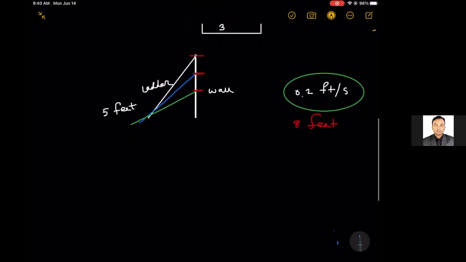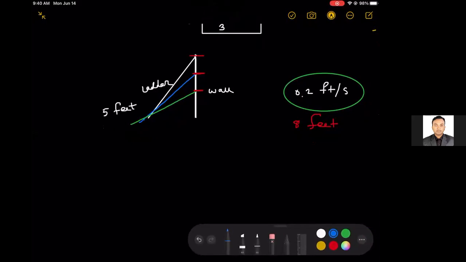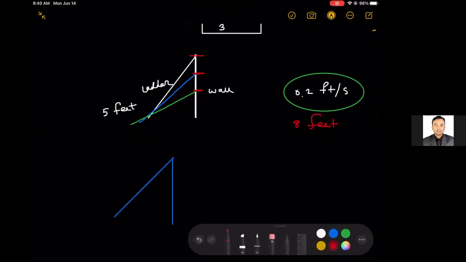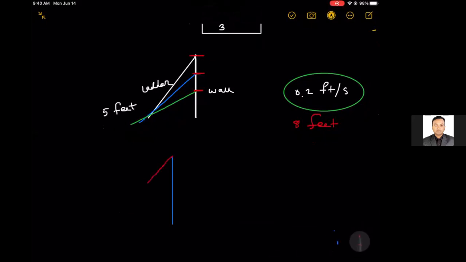So for that, we need to understand what the question is saying. Let me draw the problem again. So this one is, let me use another color. This one in red is the ladder, okay? And this one in blue is the wall.